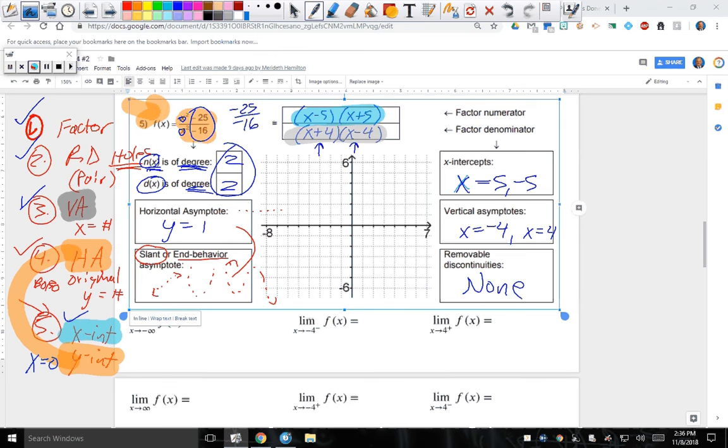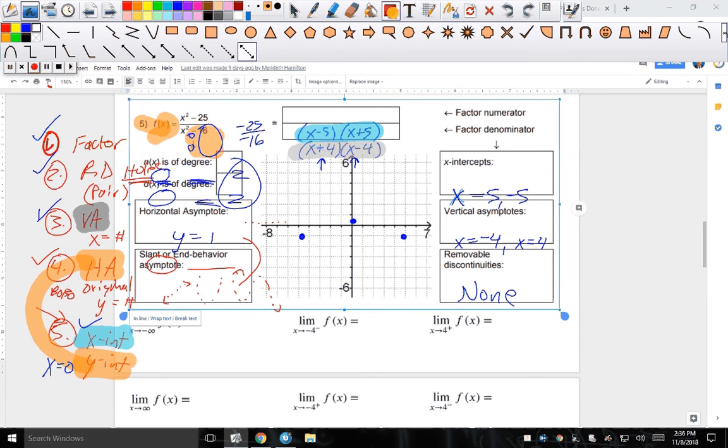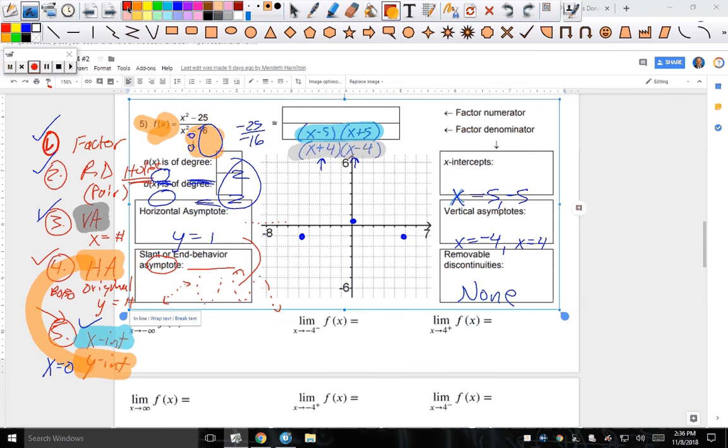You know what I mean? So 1 and 9/16 is a little bit over 1.5. So let's put our y-intercept there. Our x-intercepts are at negative 5 and positive 5. My vertical asymptotes, we're now drawing it, are going to be at x equals 4 and x equals negative 4.